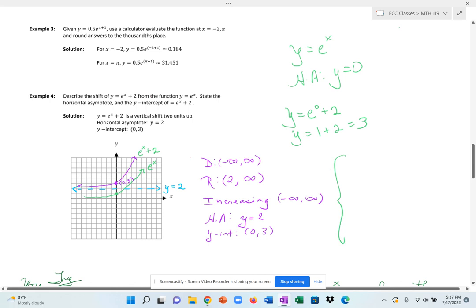The range is from 2 to infinity. Remember, the whole thing shifted up by 2 units, so that means your range also shifts up by 2 units. And it doesn't include the 2, so I have parentheses around it. It increases from left to right. So it's increasing from -infinity to infinity. I have a horizontal asymptote at y equal to 2. That's the dotted line in blue, and a y-intercept at 0, 3.